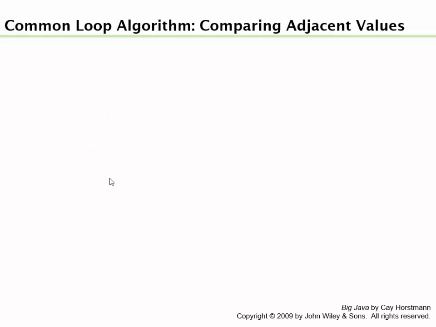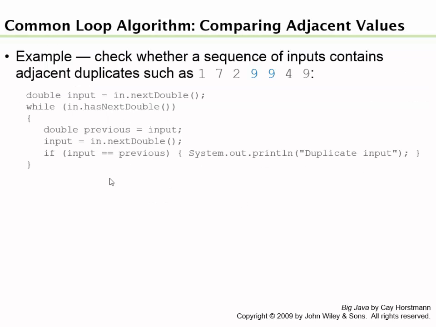Here's another one where you have two numbers that are right next to each other. So you have this list of input coming in the input stream. You read in the first one, and then while there's another one in the list, you get the input, the first one, and compare it to the previous one.